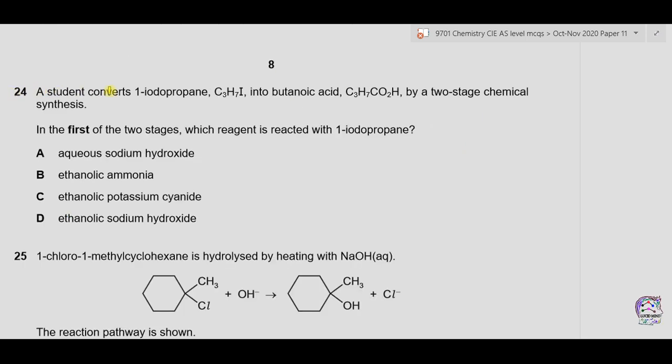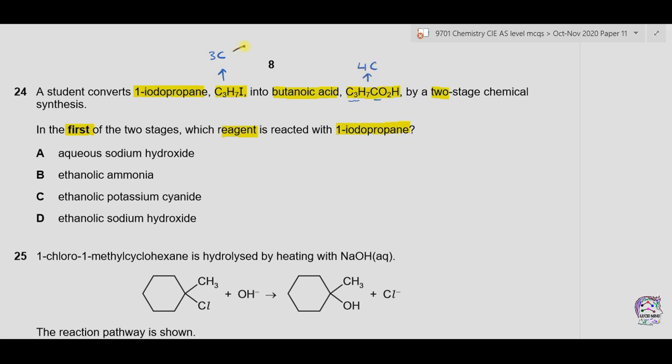Question 24. A student converts 1-iodopropane C3H7I into butanoic acid, which is C3H7CO2H, by a two-stage chemical synthesis. In the first of the two stages, which reagent is reacted with 1-iodopropane? As we can see, in the reactant we have 3 carbon atoms, while in butanoic acid we have 3 plus 1, 4 carbons present.